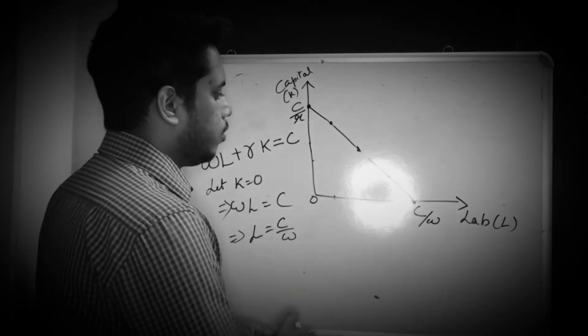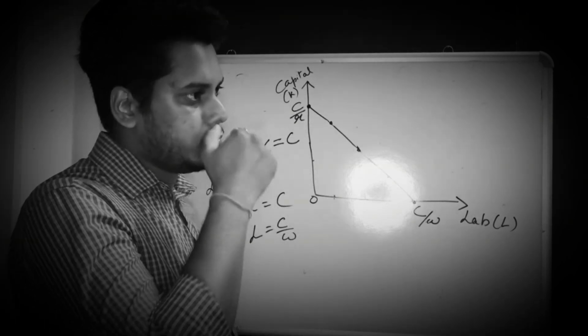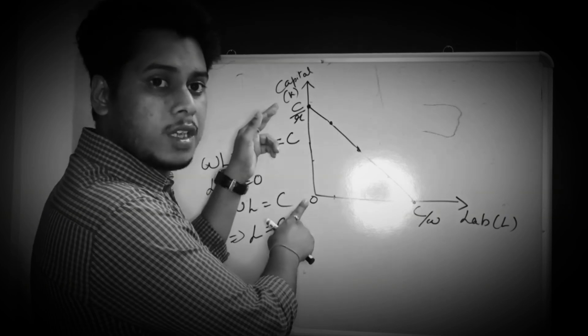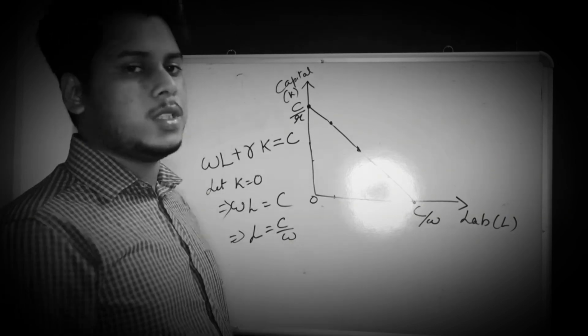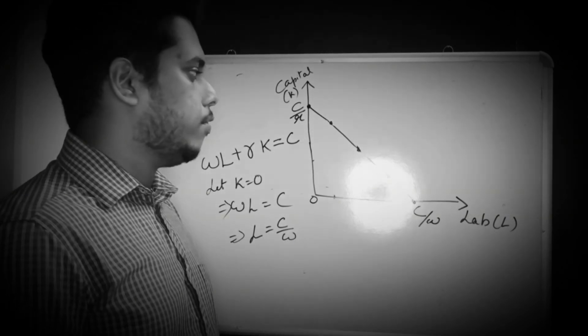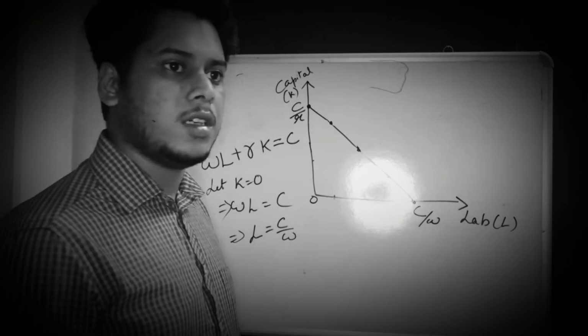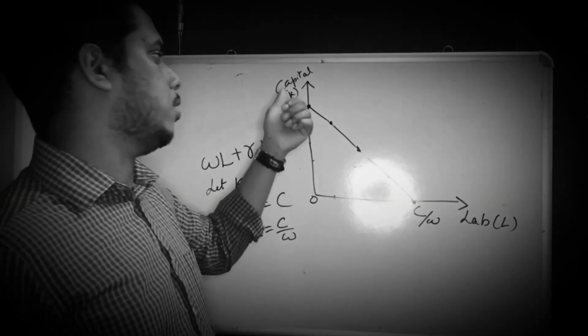Similarly, if you consider this intercept, then it will show the maximum level of capital that the producer can use if he invests all his money in the use of this input, that is capital.